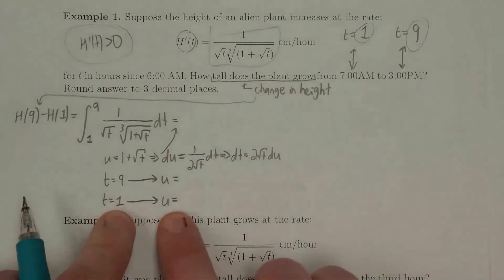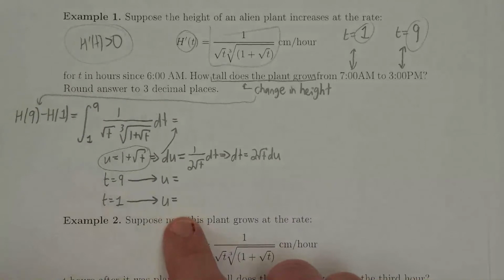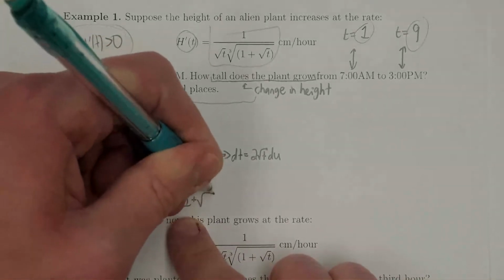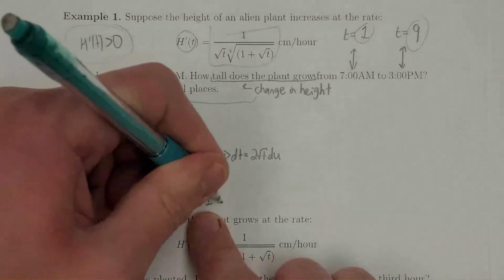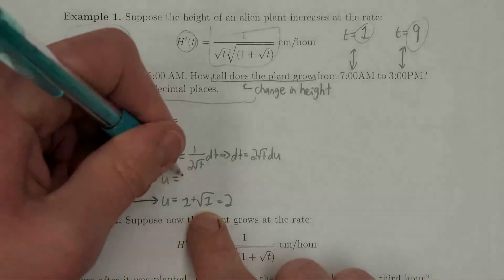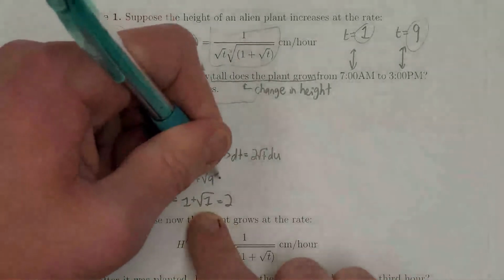So if t equals 1, then utilizing this u substitution up here gives us that u has to equal what? Yeah, it's 2, right? Because we have 1 plus the square root of, well, t equals 1, so we just have 2. And similarly, let t equal 9 up here to get its corresponding u value. To get 1 plus the square root of 9 equals, in this case, 4.